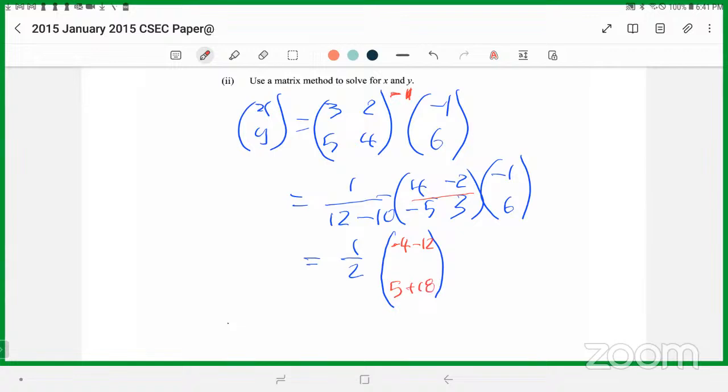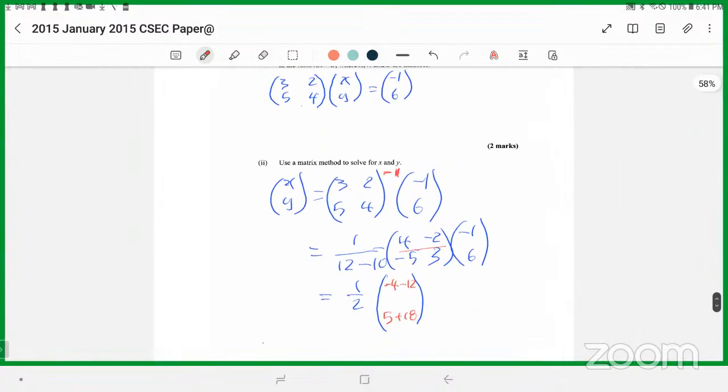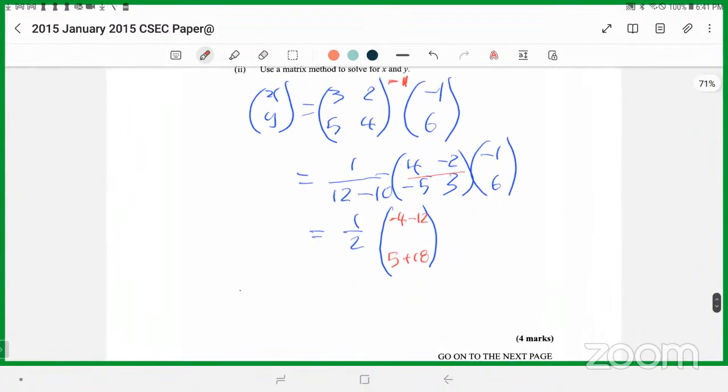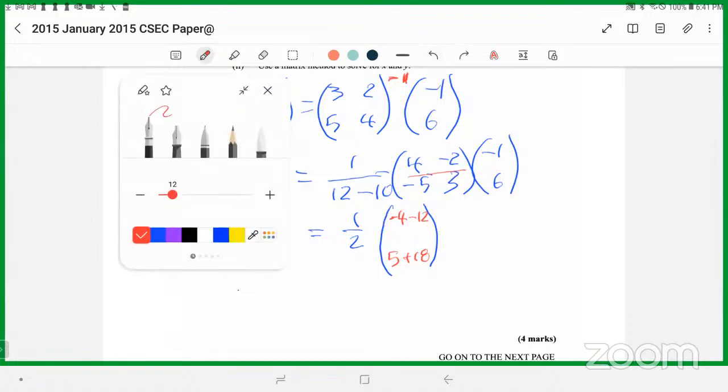Don't really like these values. Let's see. Make sure. I'm going to check the answers. All right, so this becomes negative 16. You can divide it by the 2 at the same time and get negative 8.